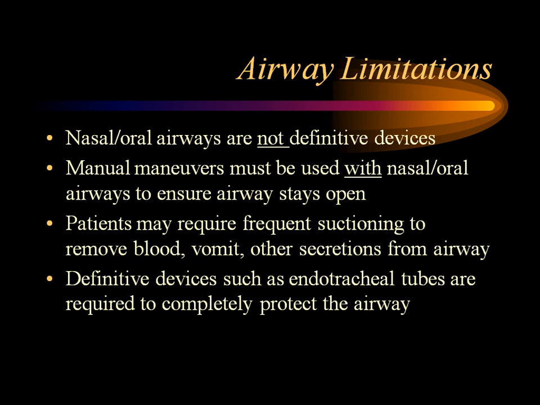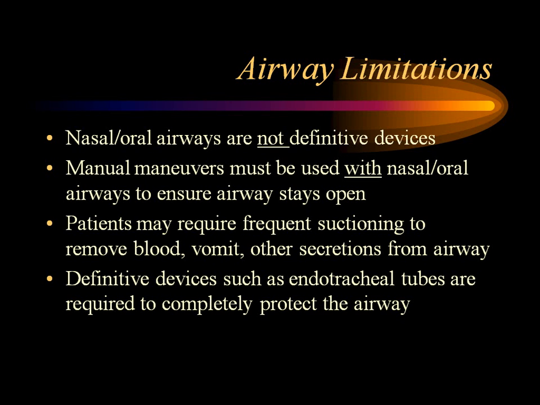Okay, and even though the oral airway is a more solid, hard plastic, the tongue can go over the top of it. Basically, you've got this big floppy tongue, and it could still potentially occlude the airway.